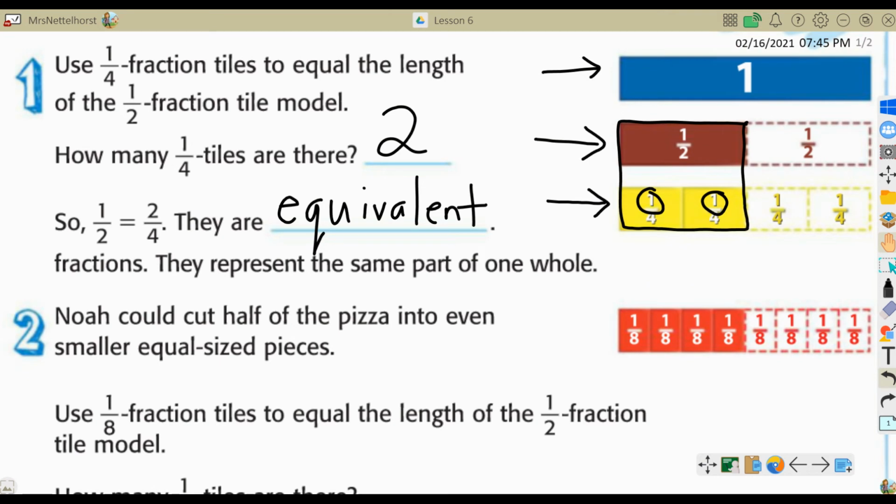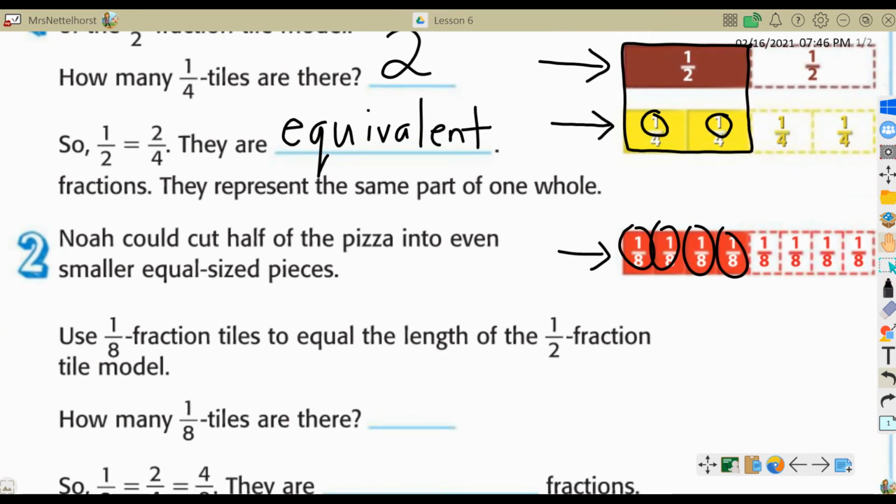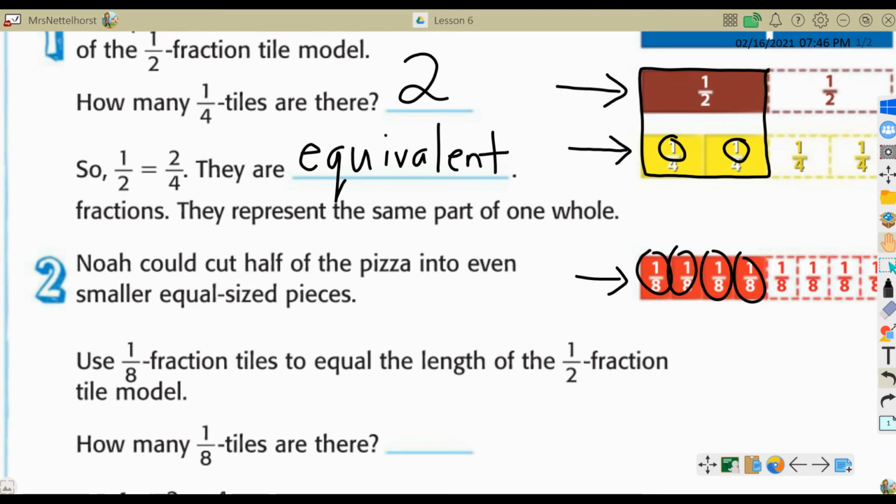So now we're going to use 1/8 fraction tiles to cover the same amount of space, and we're going to count those. There's 1, 2, 3, 4. So how many eighths fraction tiles are there? There are 4.